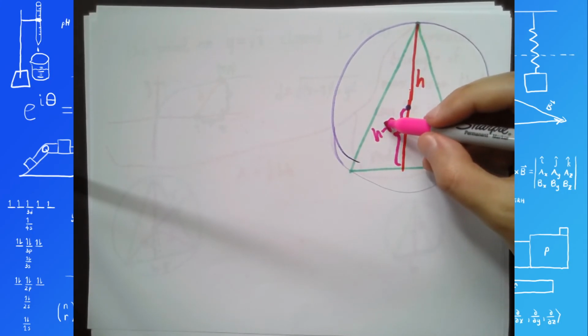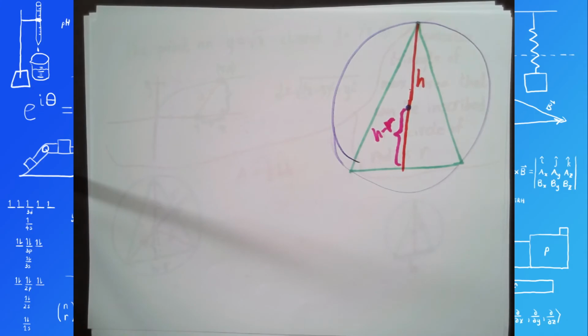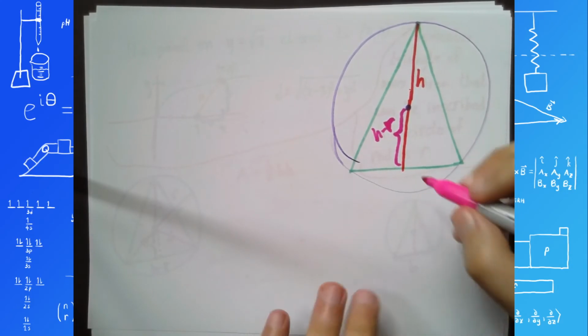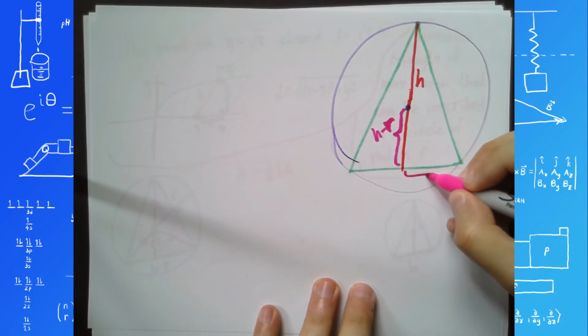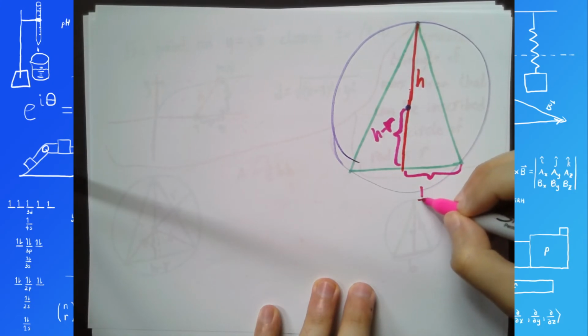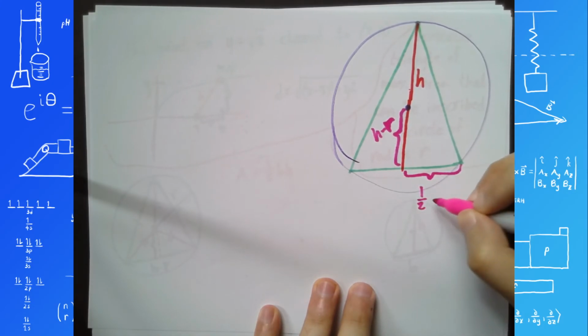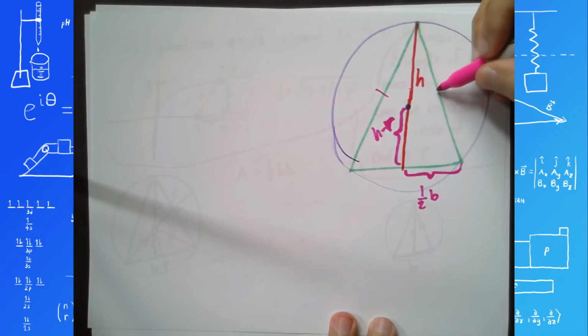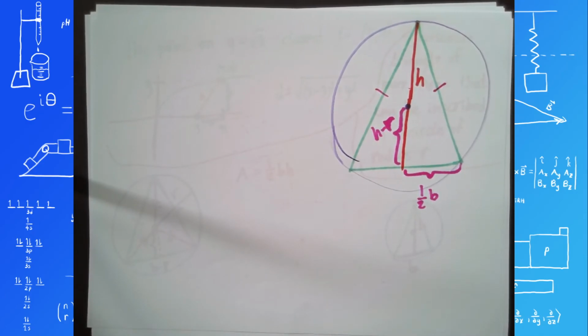Yeah, that r was bothering me. It looked more like a v. And then we'll define this as 1/2 of the base. And of course, these are congruent sides.